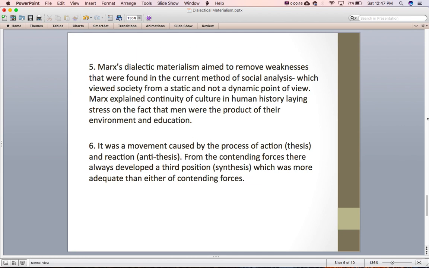Fifth, earlier also various methods of social analysis prevailed to study the nature of state and society. However, as per Marx, these methods were not good as they viewed society from a static point. Now Marx believed that there has been a continuity in human history and human nature, and it is influenced by the environment in which he is living.